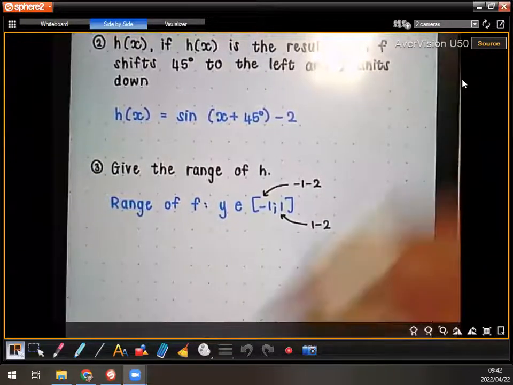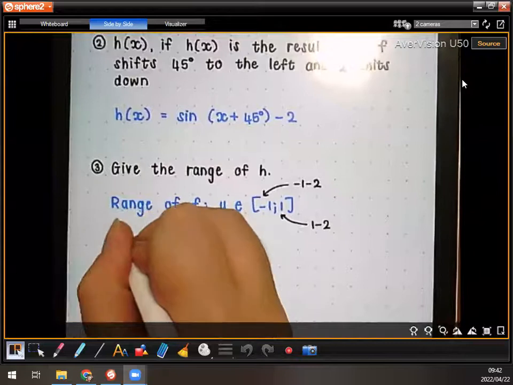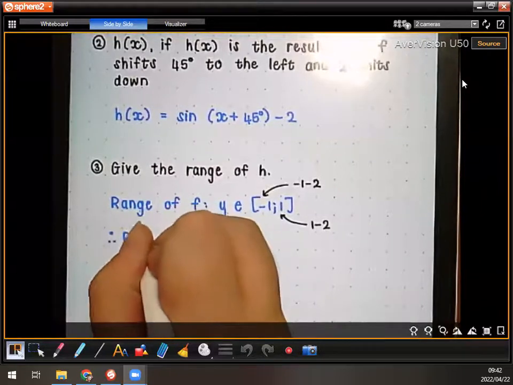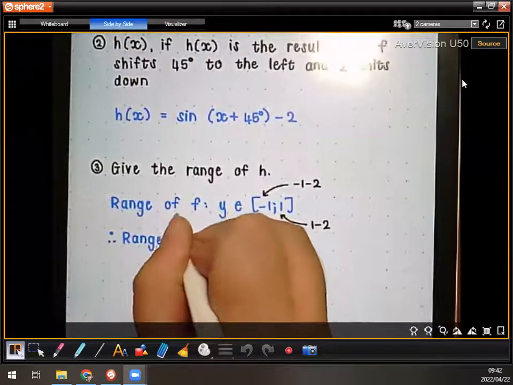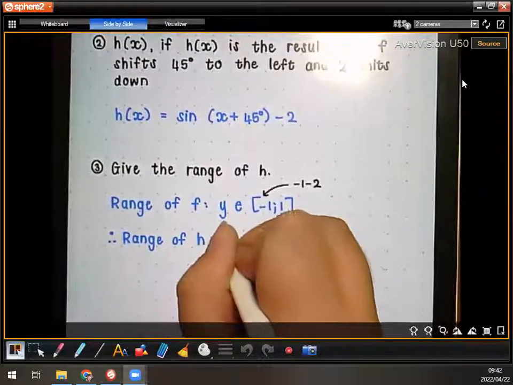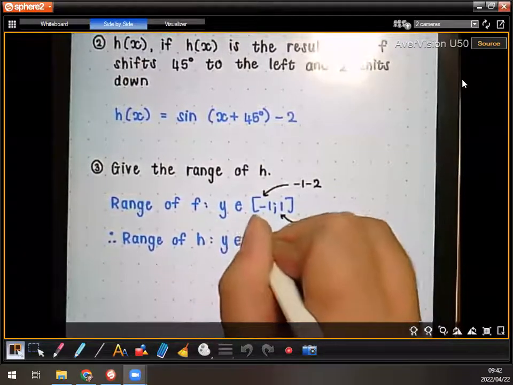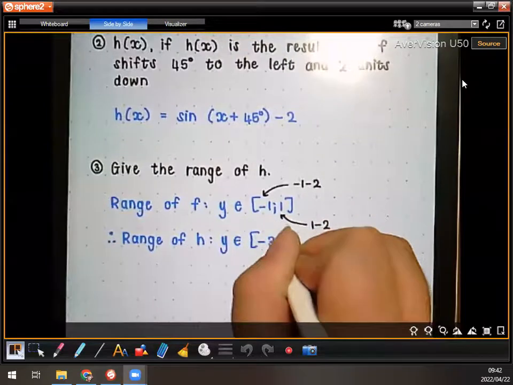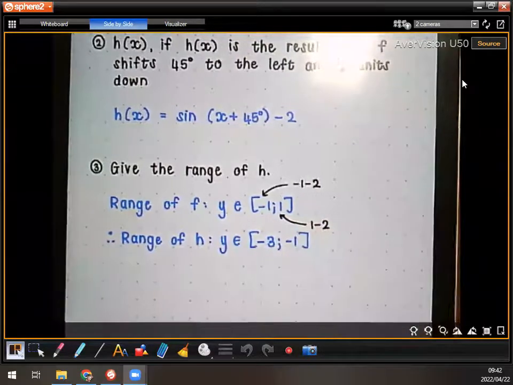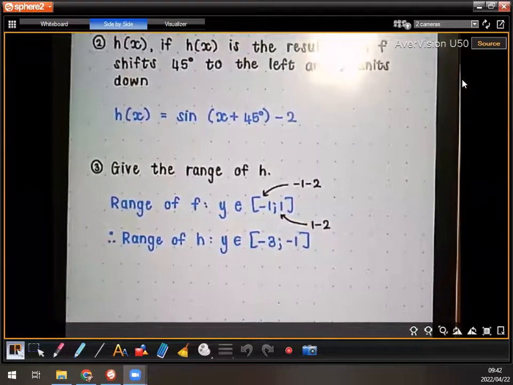So the new range of h is going to be y is an element of negative 3 to negative 1.